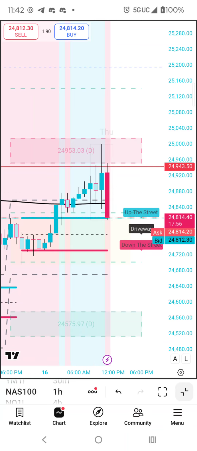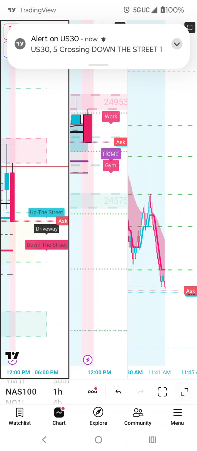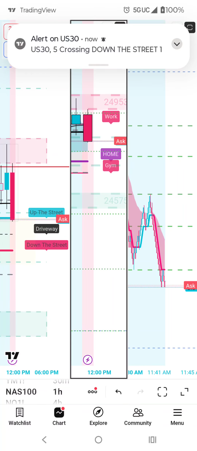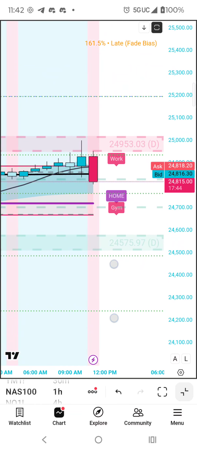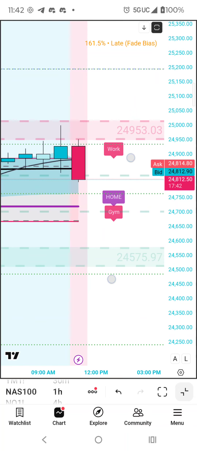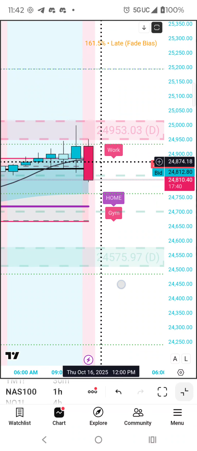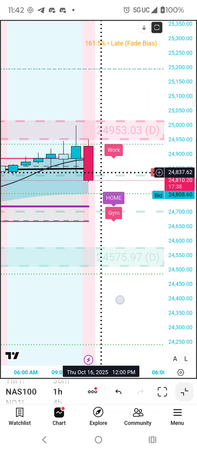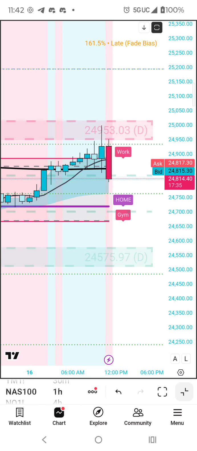So that means our sell continued. We don't sell off up the street. What did it do? It just came from work and it's on the way home. So here we go.